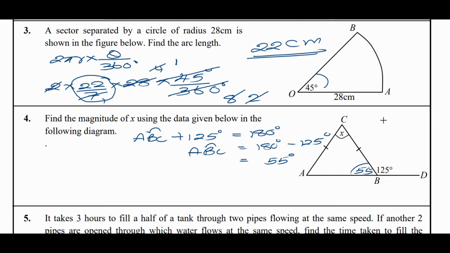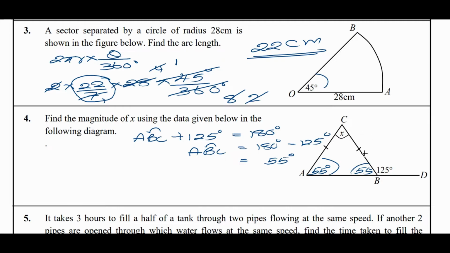Then, triangle ABC is an isosceles one. Therefore, this should definitely be 55 degrees, because we know the theorem: if two sides are equal, then the angles are equal.